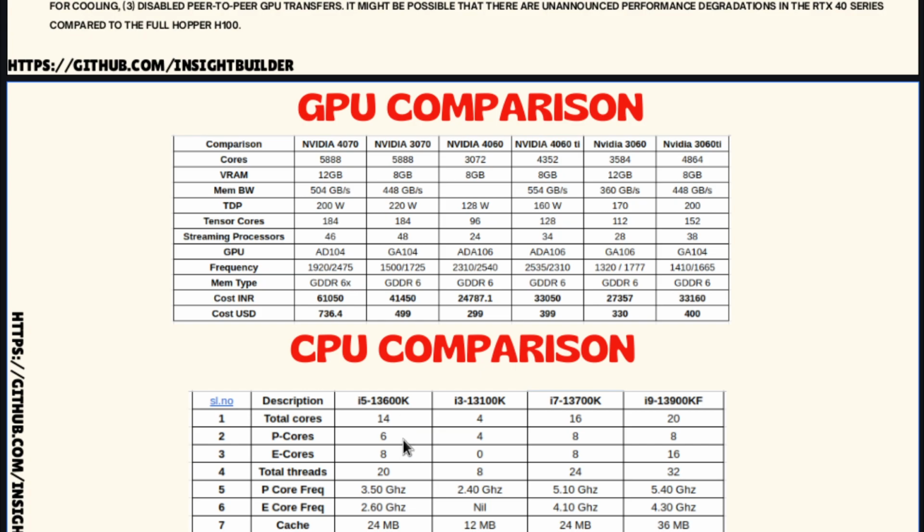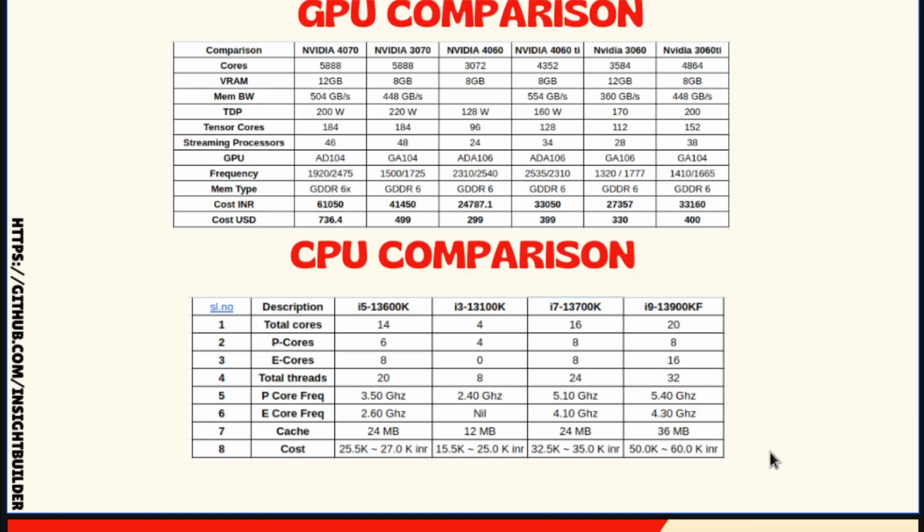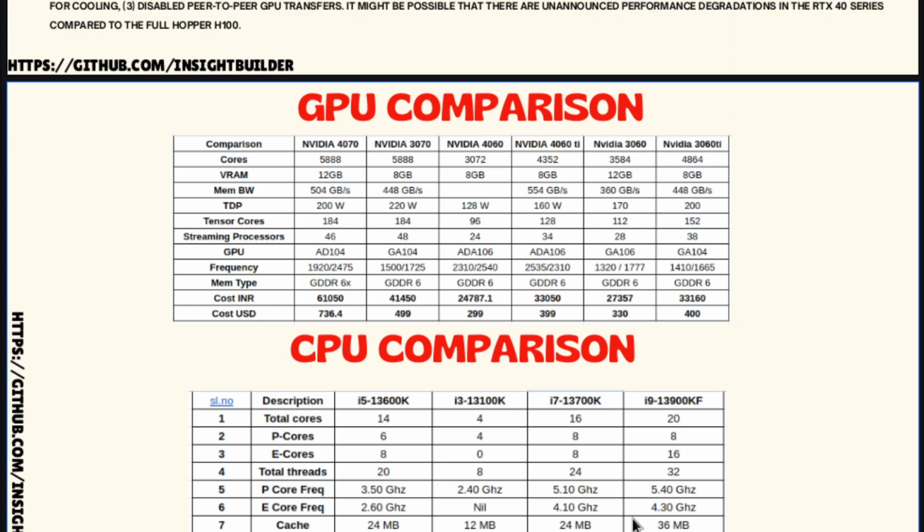But if you want hardcore gaming and editing, then an i7 is more than sufficient. I wouldn't suggest an i9. Its cost is very high right now. I am talking in Indian rupee rates. The cost is quite high, and the configuration is also very much above what is required by gaming, editing, or AI/ML requirements.